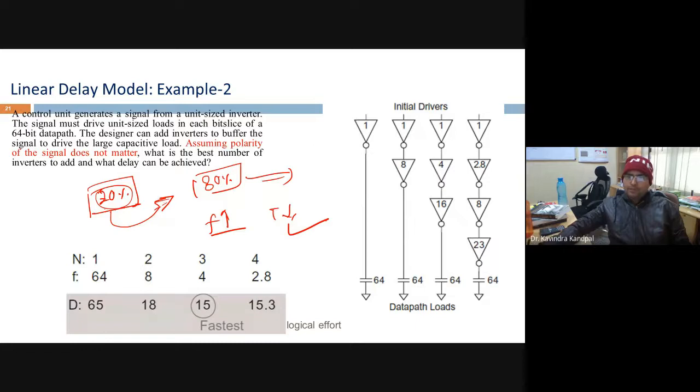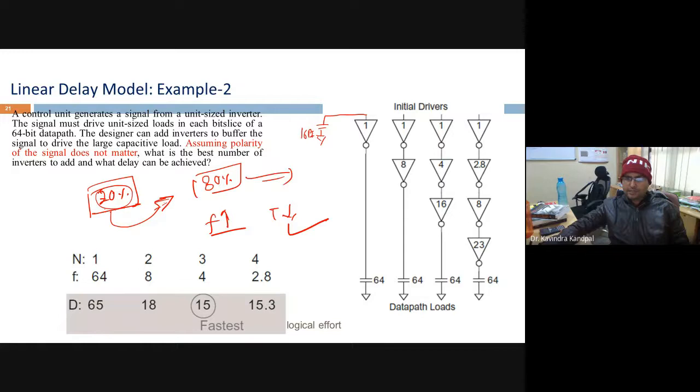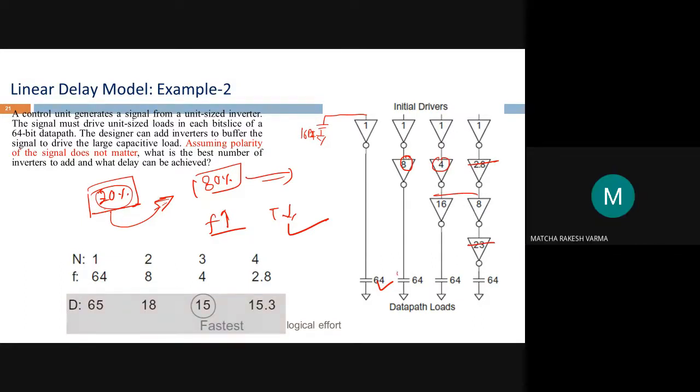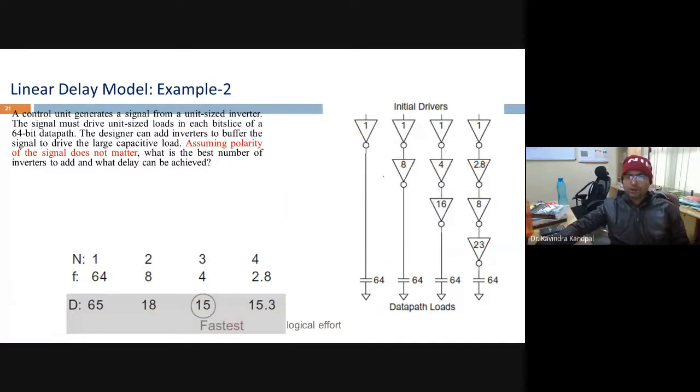You are saying when you start with this input capacitance of 16 picofarad, and this is 64, right? In these cases, these 8 and 4 will change. Yes, you have to backtrack, because your H has changed, and you should get the right value. These values are computed here. Initially, these values are not known to you.